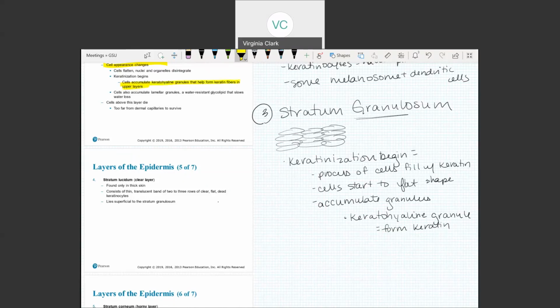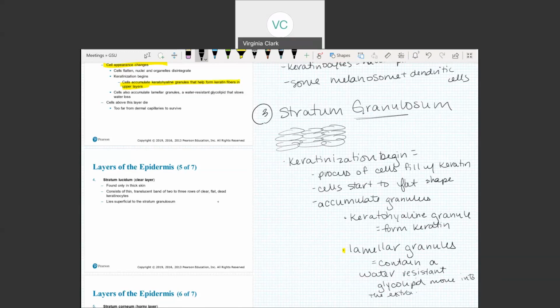What will also accumulate is something called lamellar granules. And lamellar granules are going to be a little bit different. What these are going to do is contain a water-resistant glycolipid. And if we have a water-resistant, so it doesn't like water, glycolipid, it's going to be kind of a sticky, sugary fat that will move into the extracellular space.